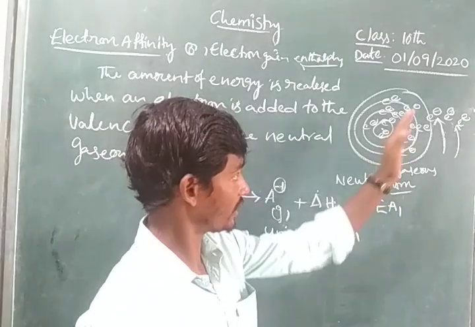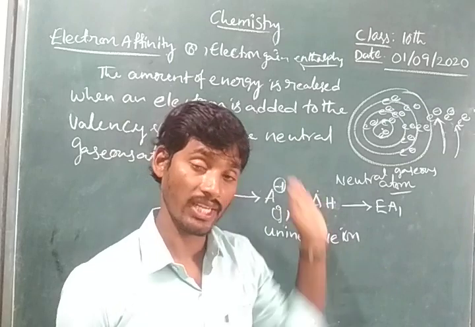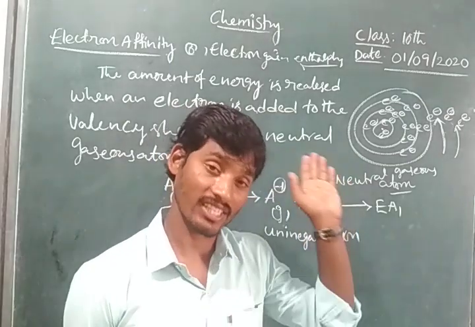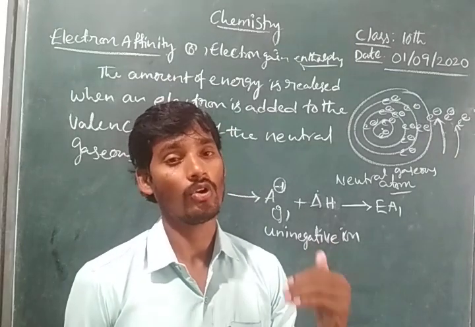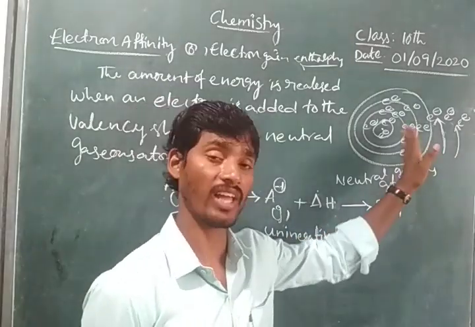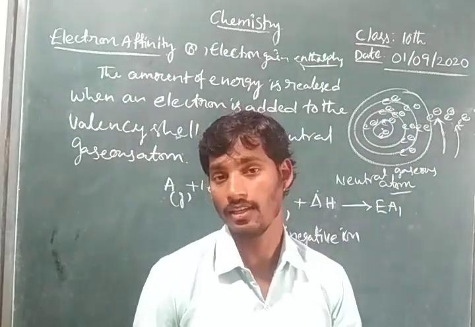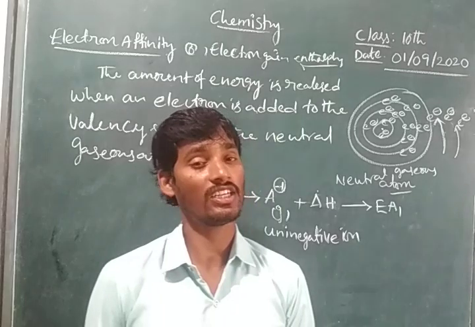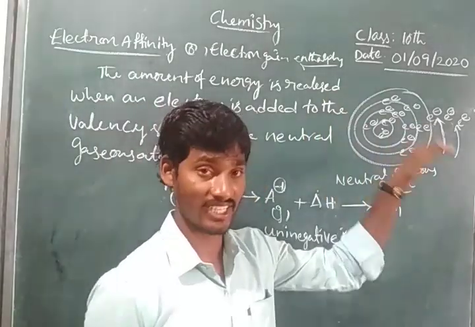Here also it can release some energy. When we add the second electron to the negative ion, it releases some energy, but the released energy is less than the energy we give to add the electron, compared with the neutral gaseous atom. Please understand, children, at the initial stage EA1 releases some energy.